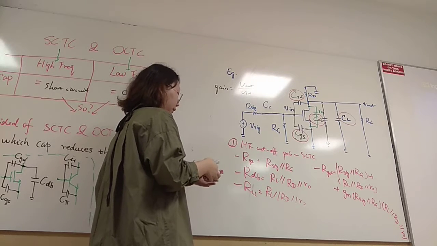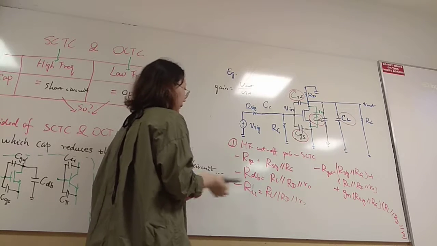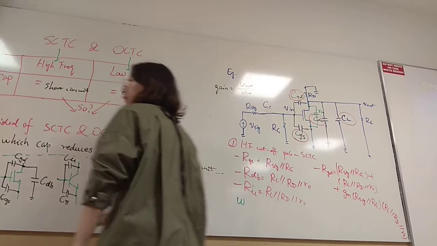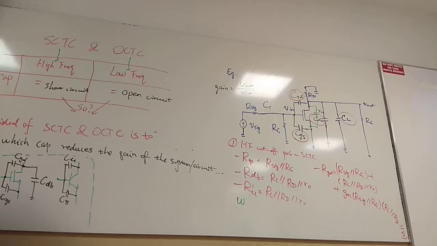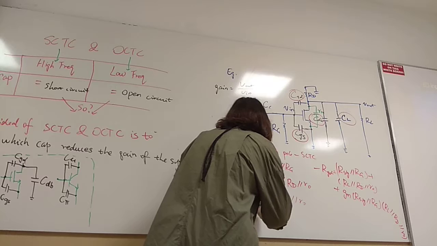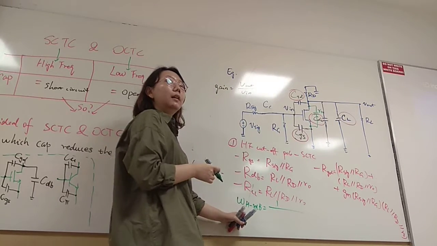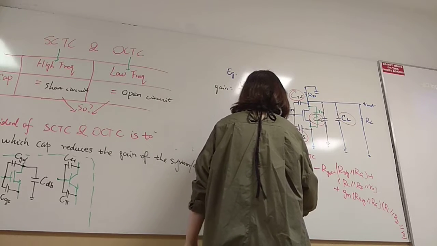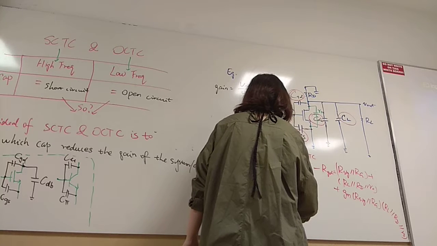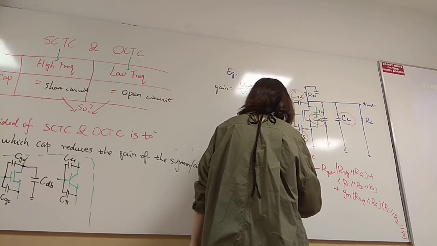The final step is actually to find my high frequency cutoff, right? High frequency cutoff, omega what? This step is easy. Why? Because it's just a summation of all my Ri times Ci, with 1 over that.